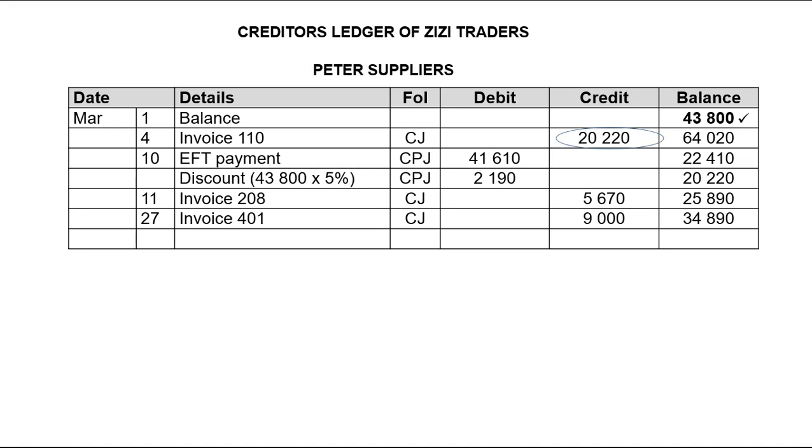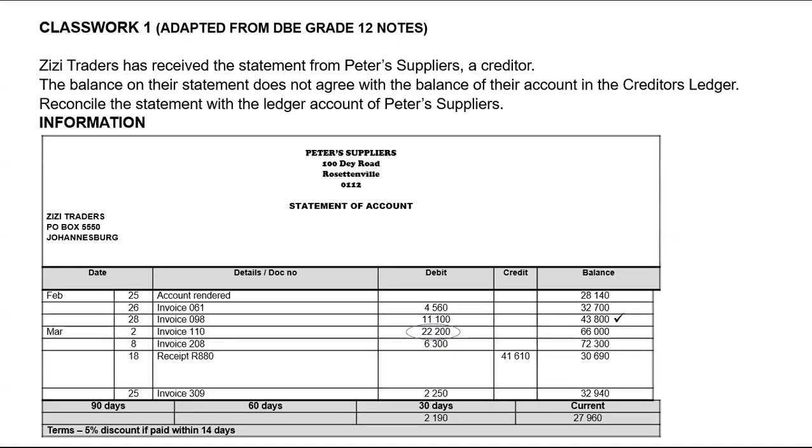Then we've got on the 10th, in our creditors ledger, we paid them 41,610. I'm going to go and check that side, note that this is the debtors ledger from Peter Suppliers' side. It says that we bought goods worth 6,300.